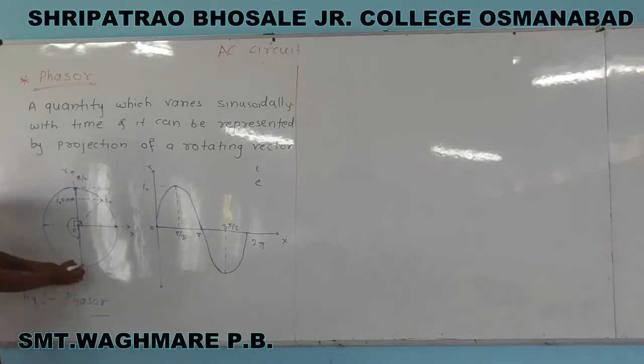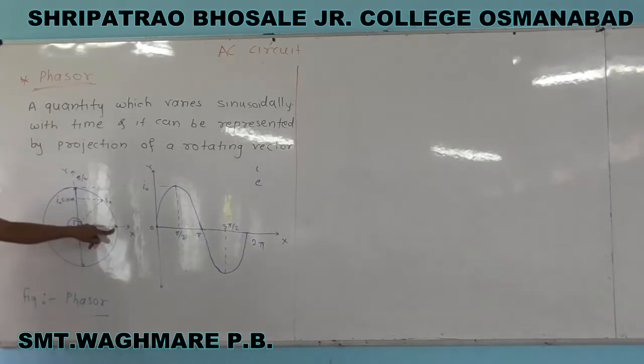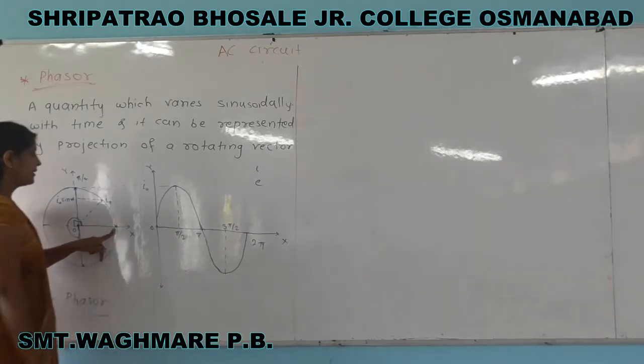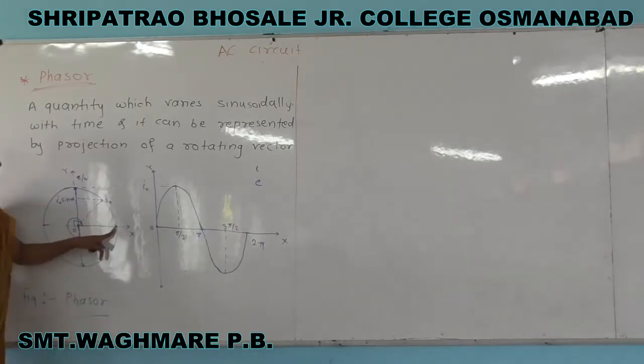Then when the vector rotates from this point to the original position, we again get 0 current. That is one complete rotation.